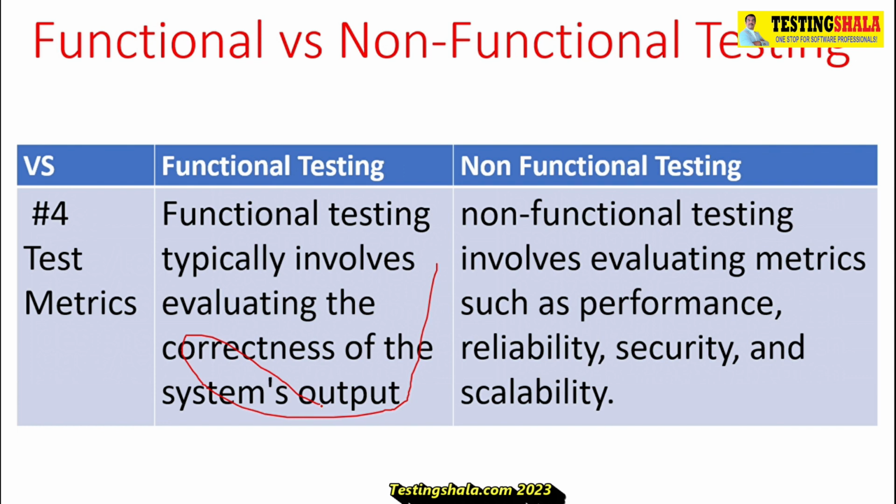In non-functional testing, the test metrics will be more on performance aspects, load aspects, stress aspects, reliability, recovery, security, scalability, usability, and many other factors. We will evaluate the application, and we will have different test metrics for both functional and non-functional perspectives.